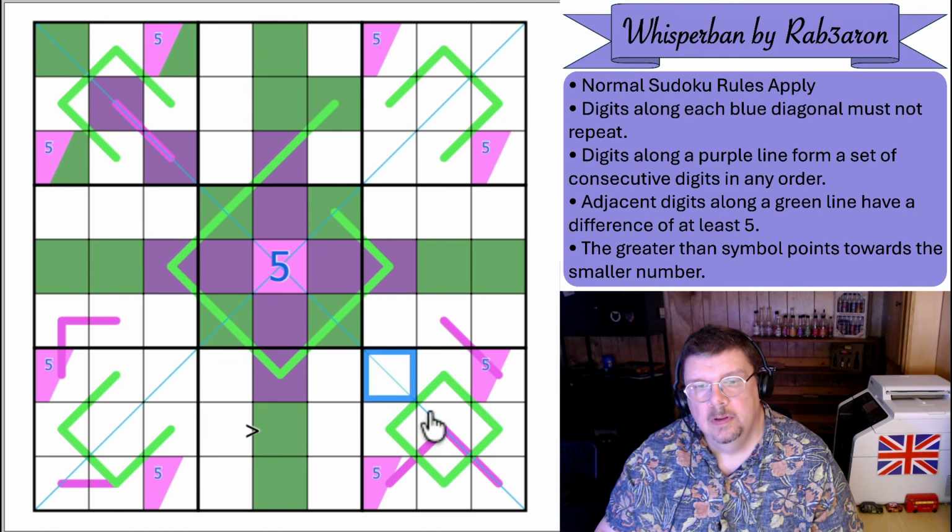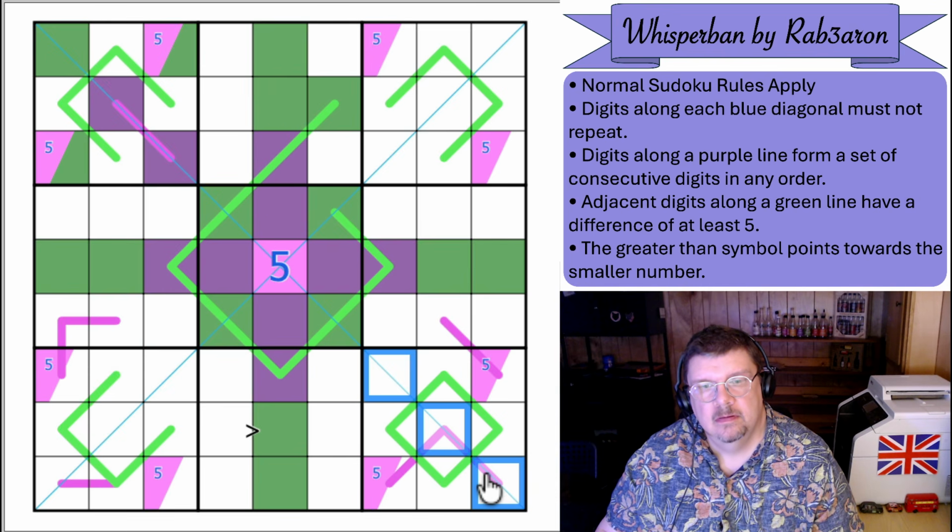Okay, so along here I have 2 purples and a green. So there's at least 1 purple on here.